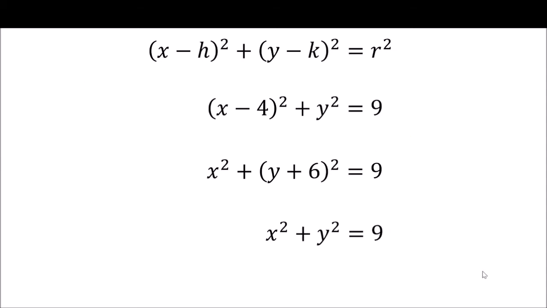Or what if both x and y are by themselves? So like this, right? Well, that means it's x minus 0 squared there, y minus 0 squared there. So this represents a circle with center 0, 0, as in it's a circle with the center at the origin.